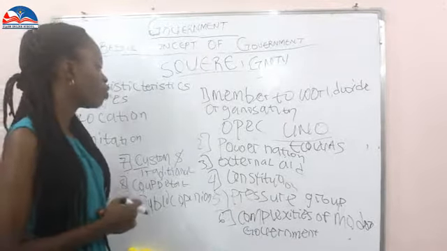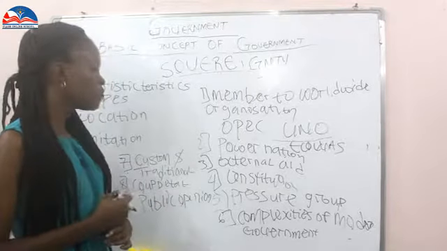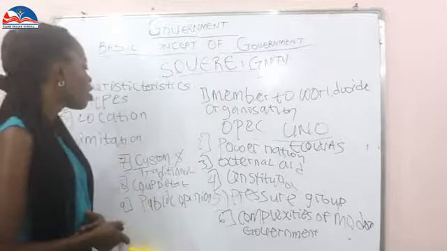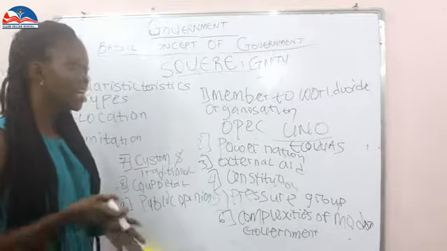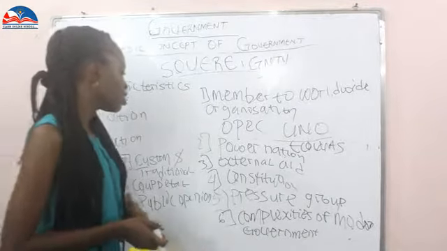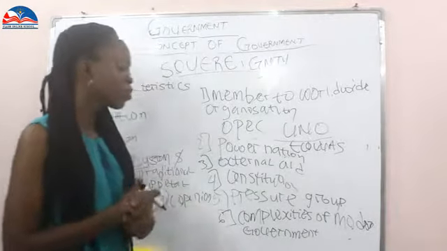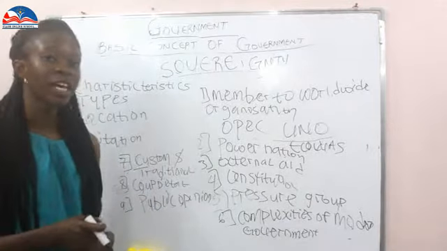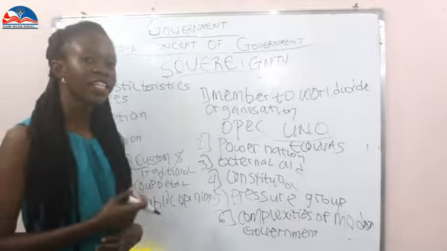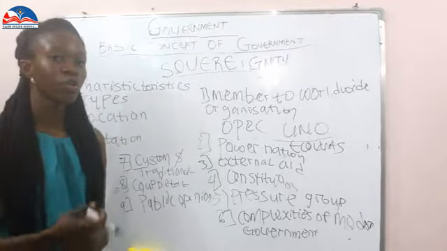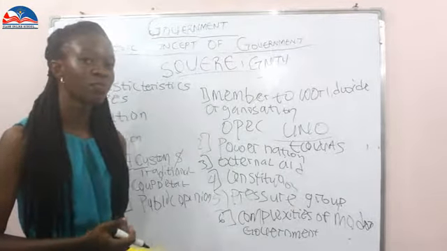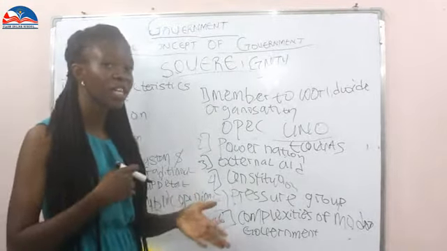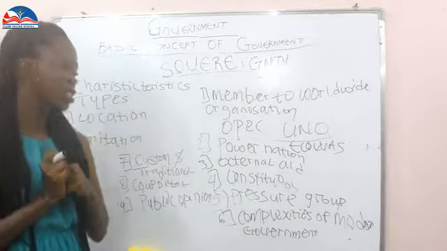Then 4, I said the constitution's power also limits sovereignty. Number 5, pressure groups, they act as check and balance in the system of government. Then I said 6, because of the complexity of government, it makes for delegated leadership. So it does not make the power to be what? Limited instead of unlimited, as the main picture of sovereignty is.